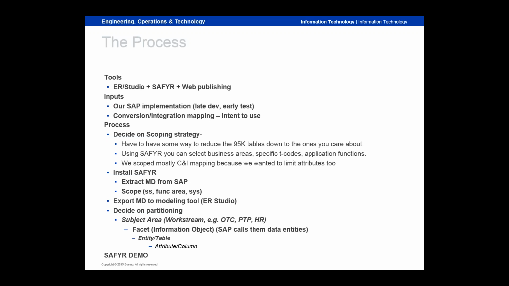We scoped on the conversion integration mapping that we had, because that told us specifically which attributes were going to be in use. So we deleted the attributes, the columns, that were not relevant. They were out of scope for us.